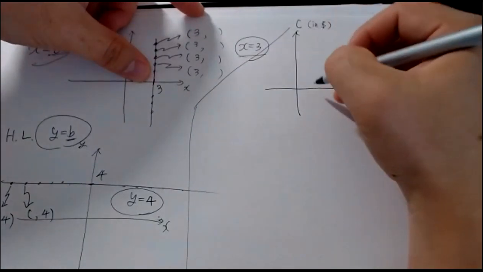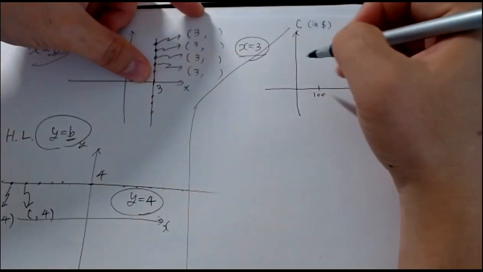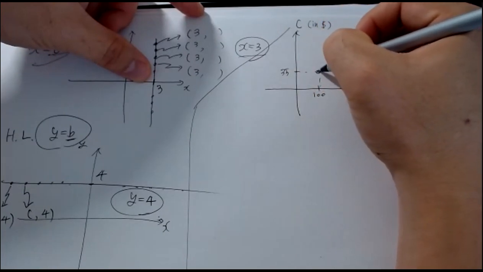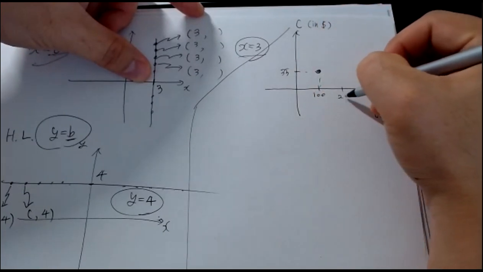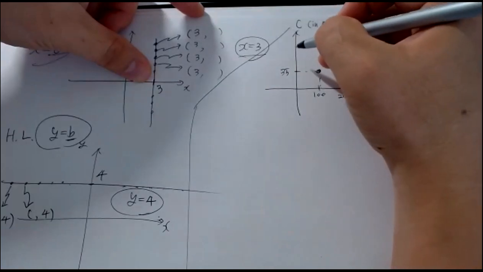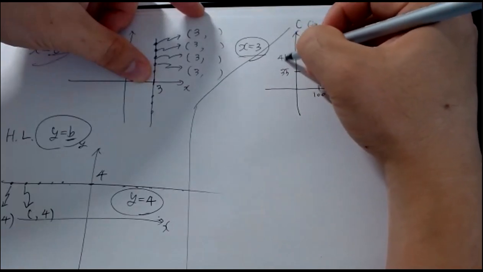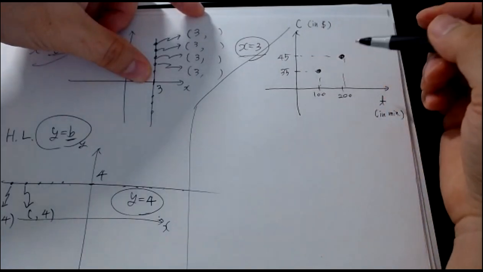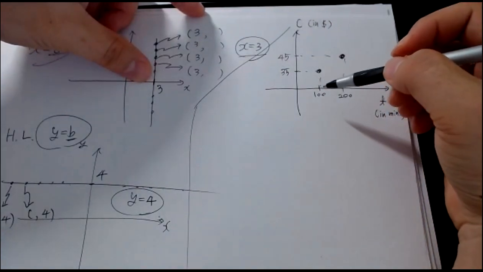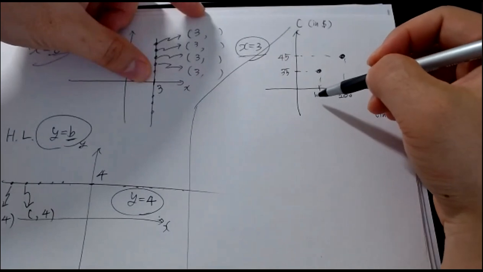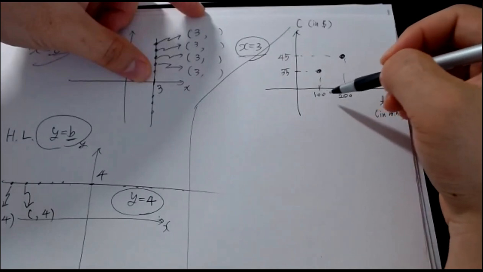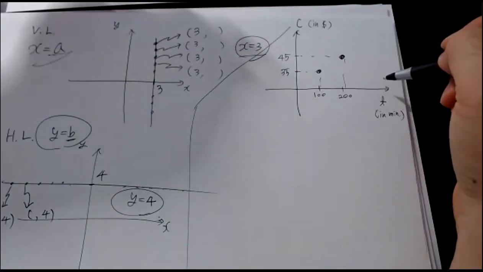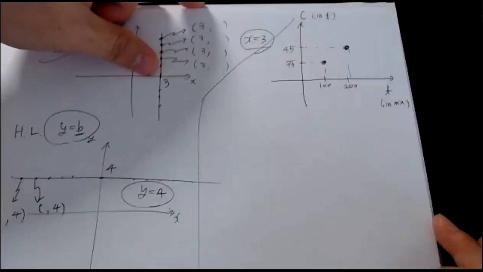So we got 100 right there, and then maybe 35 right there, and then 200 right here, and then 45 maybe right here. In common sense, that makes sense, right? Because as the minutes increase, the cost per month must increase, right?